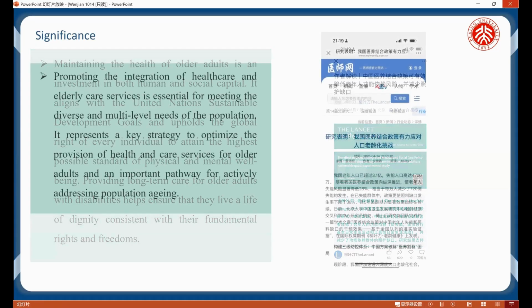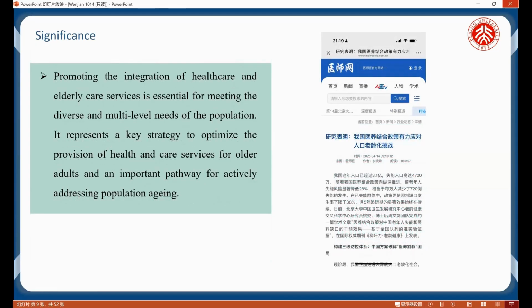Promoting the integration of healthcare and elderly care services is essential for meeting the diverse and multi-level needs of the population. It represents a key structure to optimize the provision of health and care services for older adults and an important pathway for actively addressing population aging.